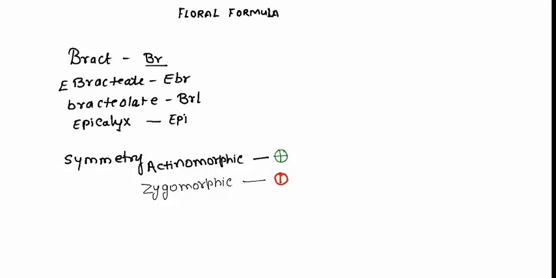To determine the sex of the flower, whether the flower is male, such a flower is also called a staminate flower. For a staminate flower, it is represented as a circle having an upward arrow.